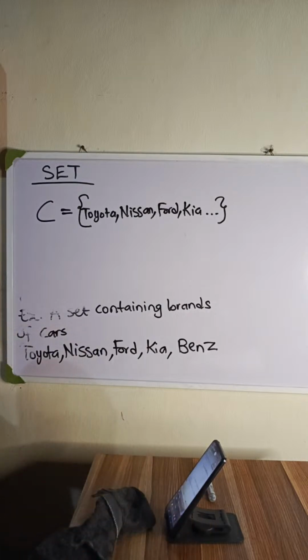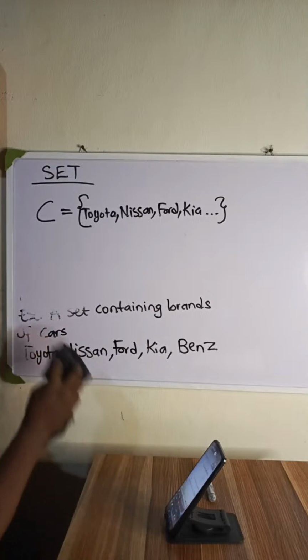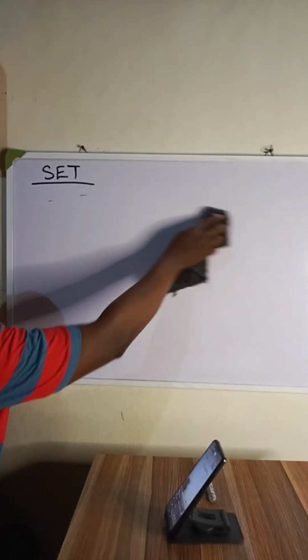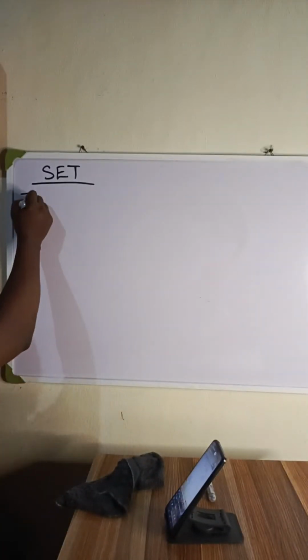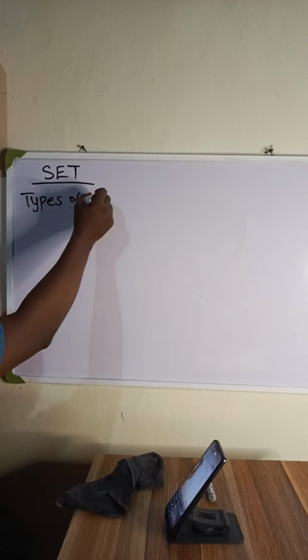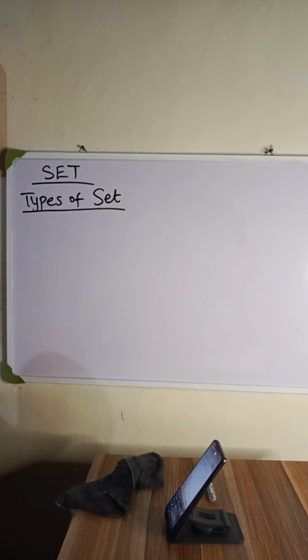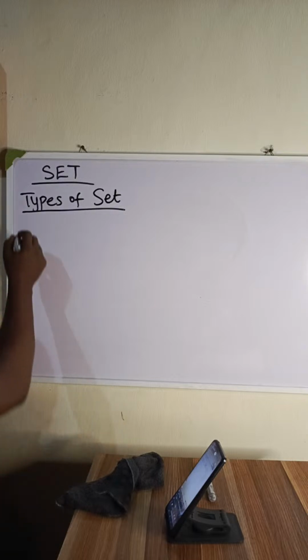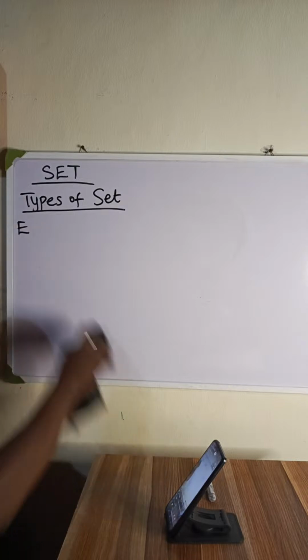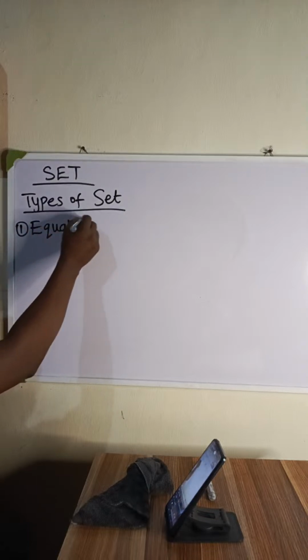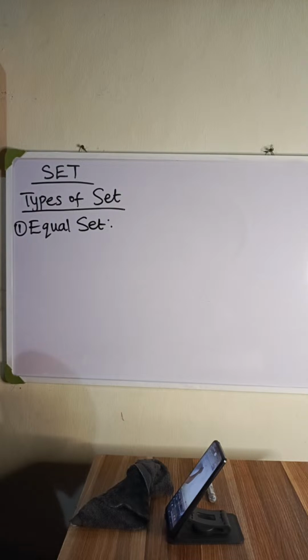Okay, so now we are going to see the different types of sets. So the first type of set is equal sets.